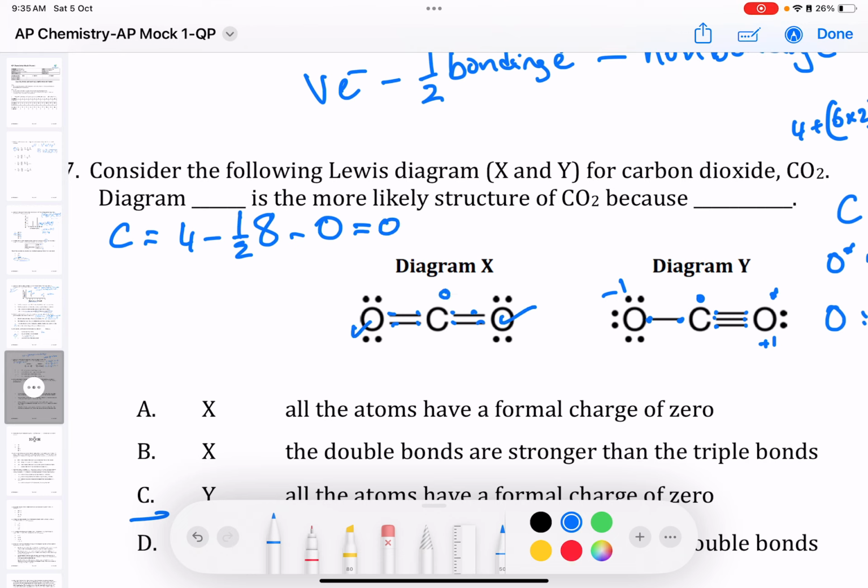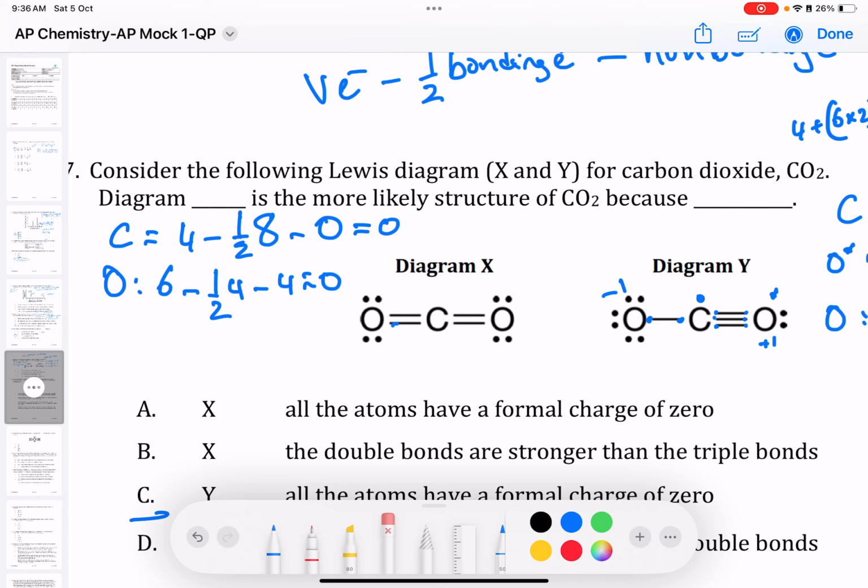This O and this O will have the same formal charge. So 6 minus half the bonding electrons in O, 1, 2, 3, 4. Every O has 4 bonding electrons and 4 non-bonding. So that is equal to 0.